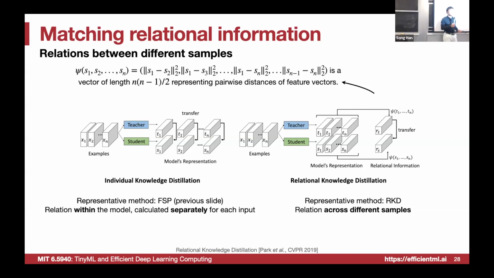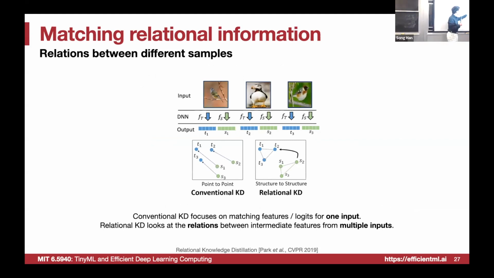So we are trying to find the diff between the features of different inputs, and we use that as a feature of the teacher and also of the student. And we try to match this relational feature. So this is calculating a diff between the first input and second input and third input, and trying to match this relational difference rather than directly matching the green and the blue.